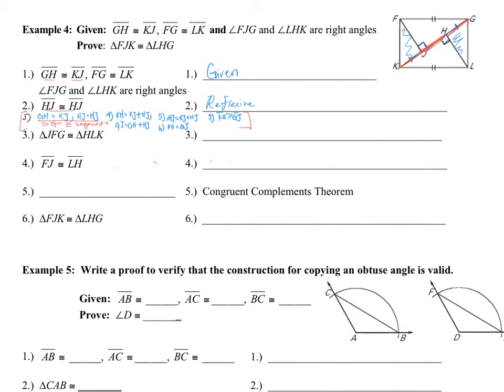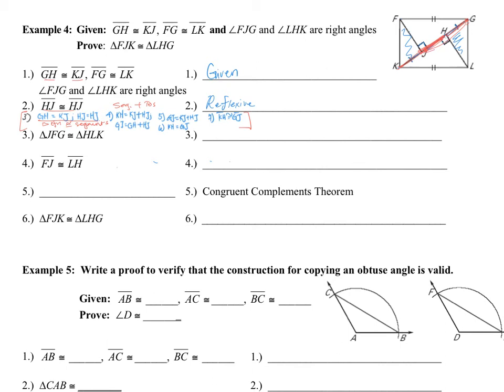And for step 4, I will use the segment addition postulate. I stated that KH is equal to KJ plus HJ, and I did the same for GJ.